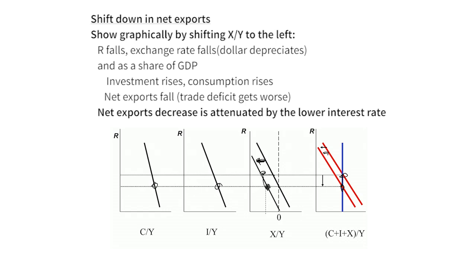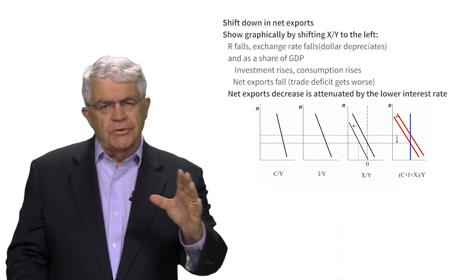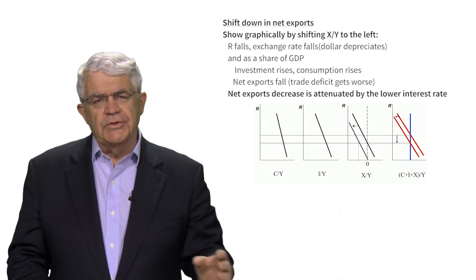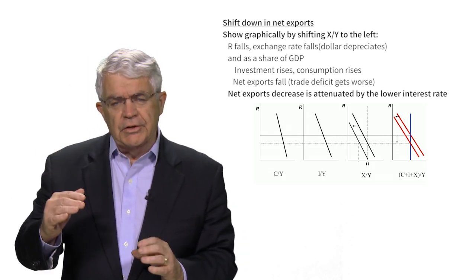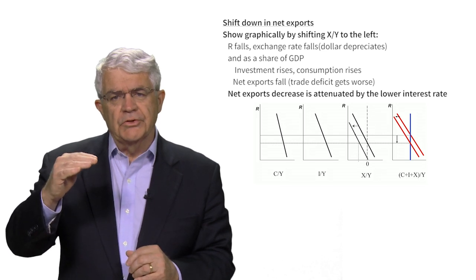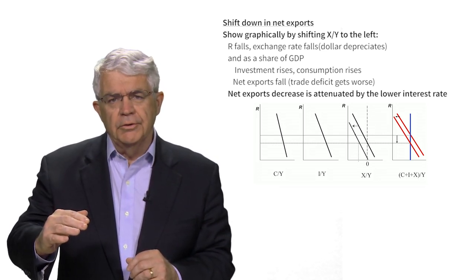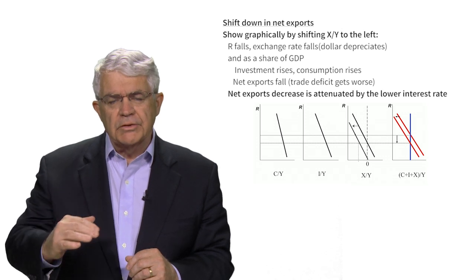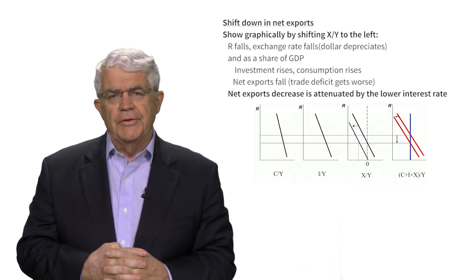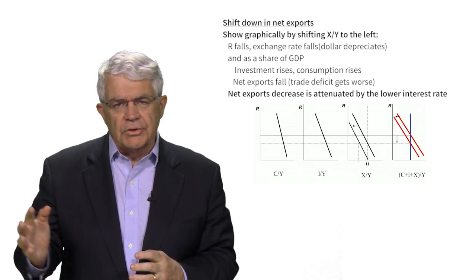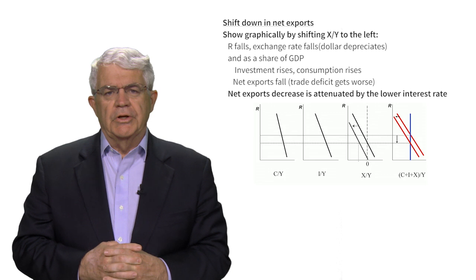Now remember, very important, when you think about net exports, the mechanism, going back to the microeconomic foundations of this, involves that chain of reasoning, where in this case a lower interest rate tends to lower the dollar, and that makes net exports higher than it otherwise would be. So you have a shift down, but it comes back because of that lower interest rate and a lower dollar.